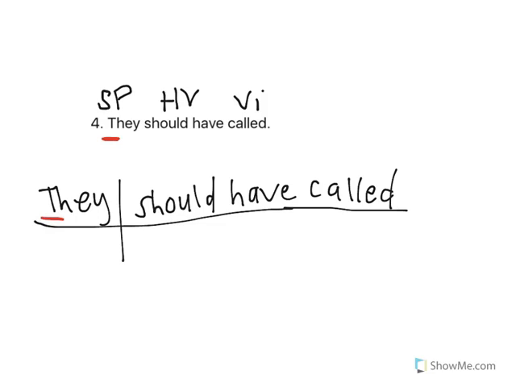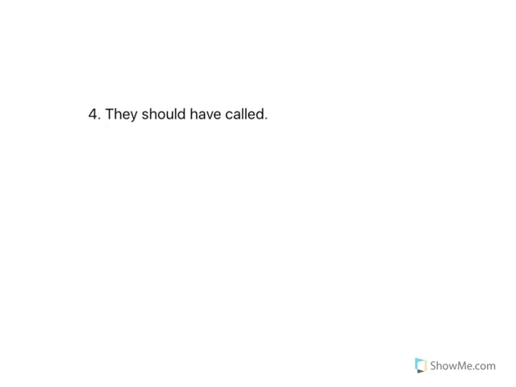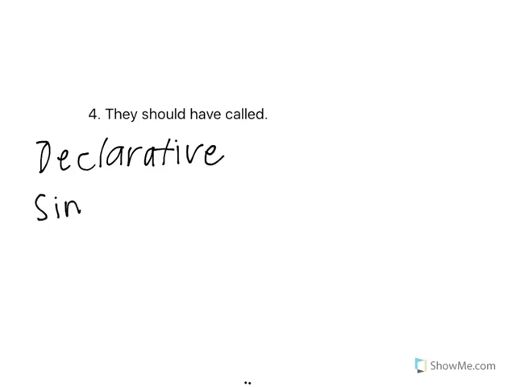So capital T here means a capital T here. And here we also have to fill out the purpose and structure of the sentence. So what is the purpose? The purpose is to make a statement. So it's a declarative sentence.